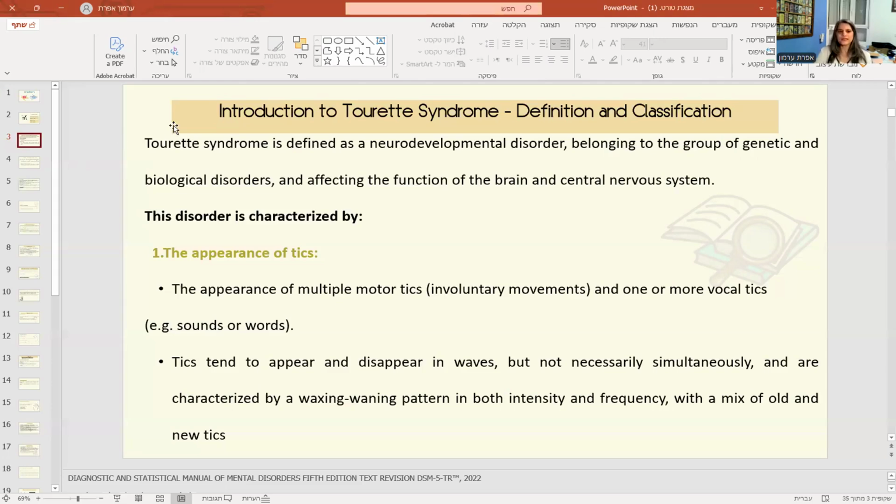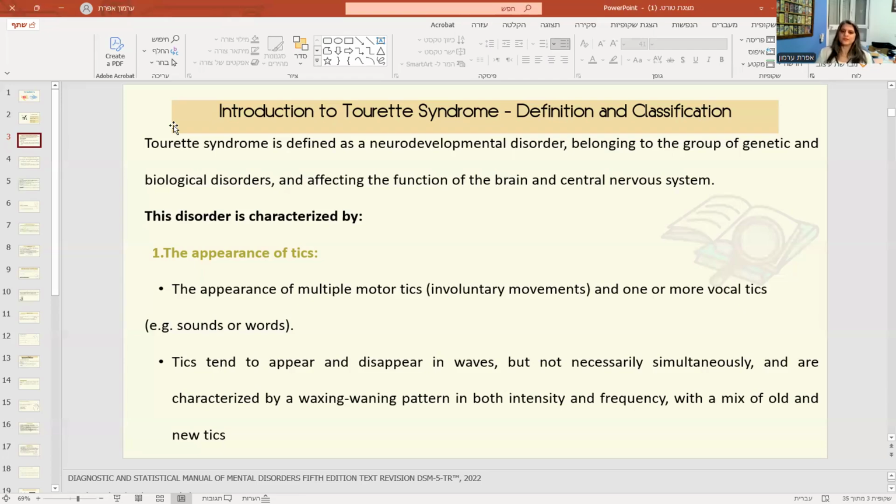The first one is the appearance of tics: multiple motor tics, which are involuntary movements, and one or more vocal tics, such as sounds or words.